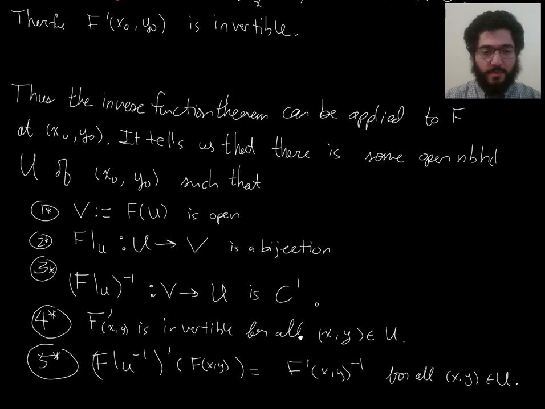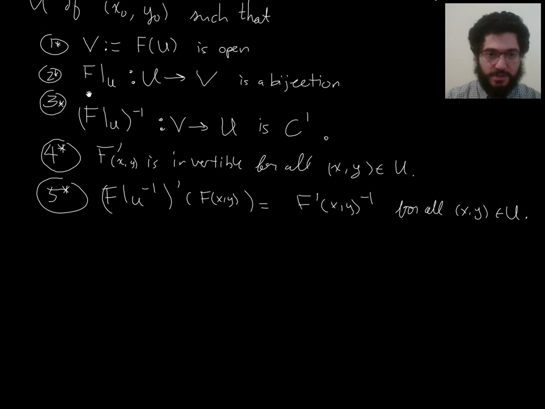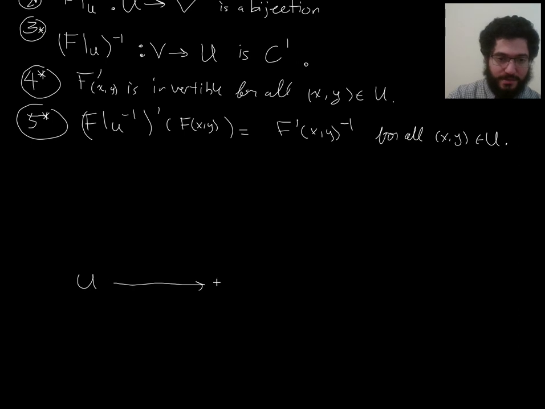Okay, so thinking about what we have here, f restricted to u is a bijection from u to v. So let me try to visualize what we have. We have u to v, and f restricted to u is a bijection.